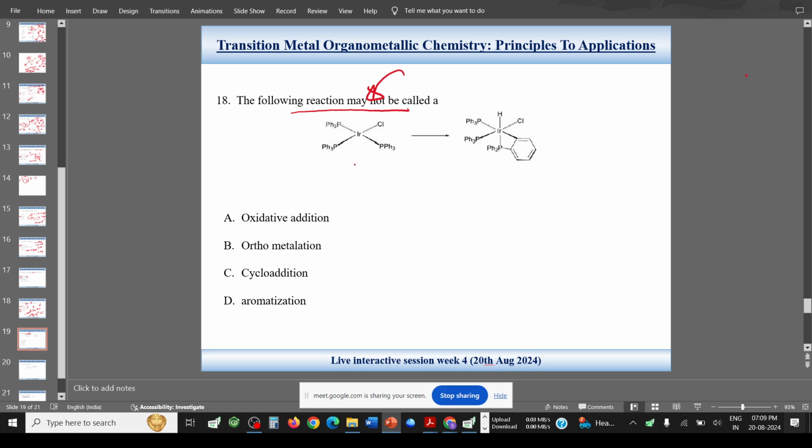So this is the oxidation reaction. Yes, here the oxidation state is increasing from 1 to 3. This is not cycloaddition. It should be cyclo.